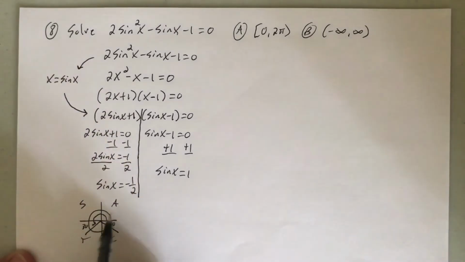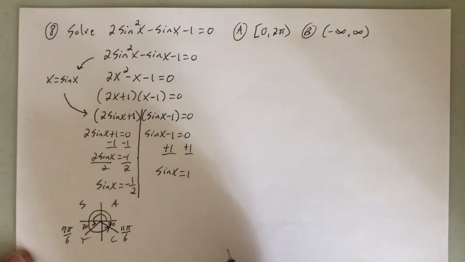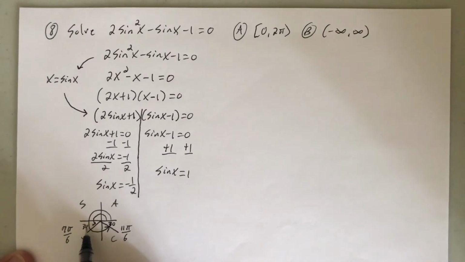Or if you identify it on the unit circle, you'll see that the y coordinate here is negative a half and the y coordinate here is negative a half. It doesn't make a difference. So this happens at 7 pi over 6, and it happens at 11 pi over 6. Whether you're using the reference angle, this would be 210, this is 330, or you're using the unit circle.